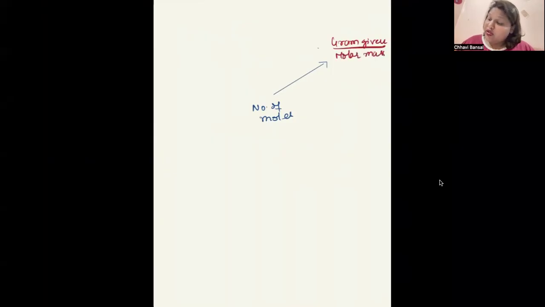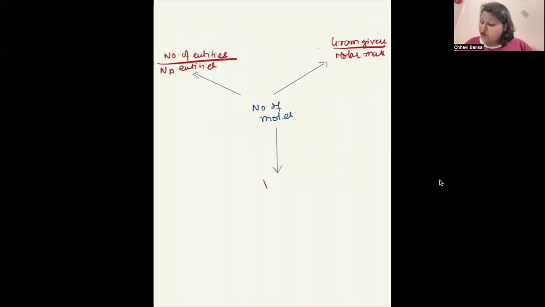The other one is number of entities divided by Avogadro entities. And the third one that we just did is volume given by molar volume.